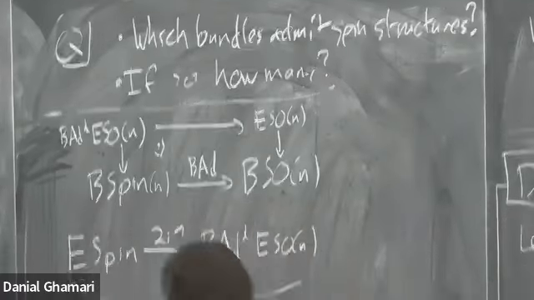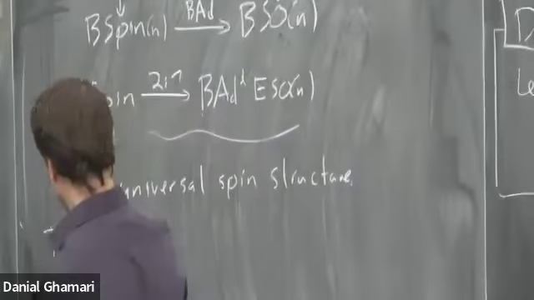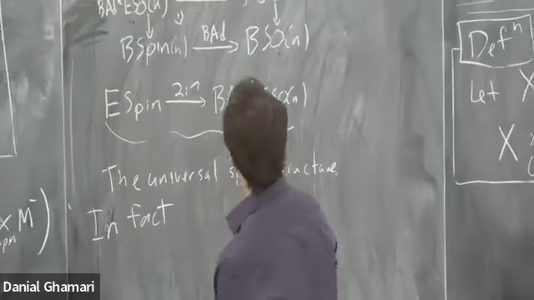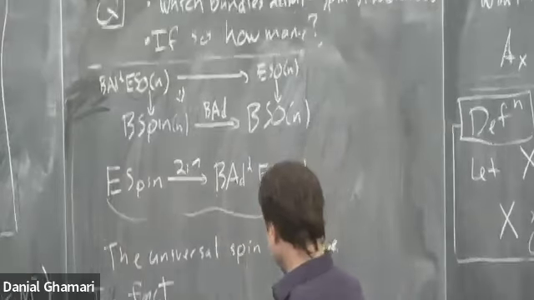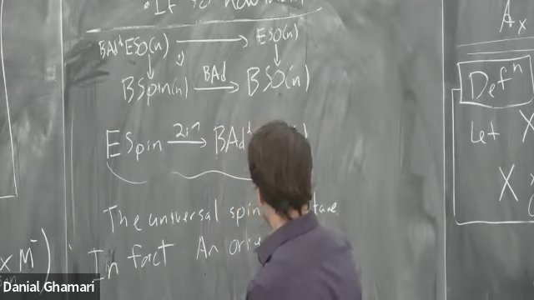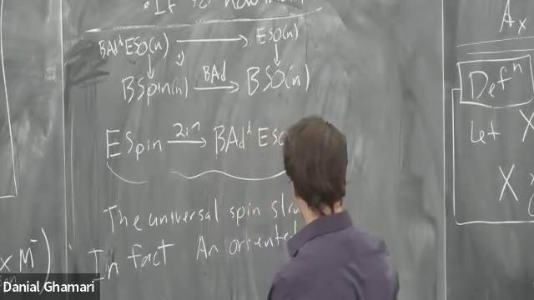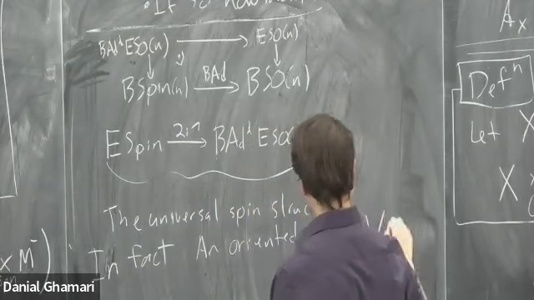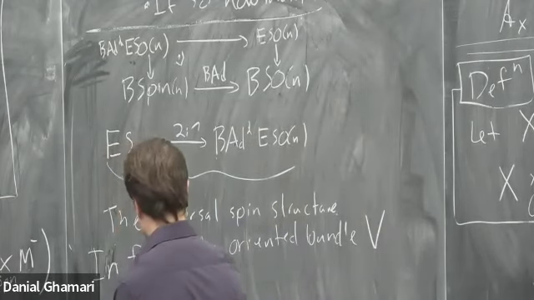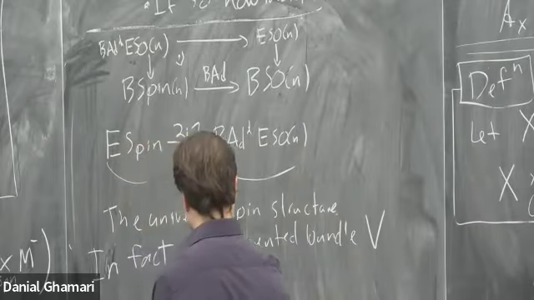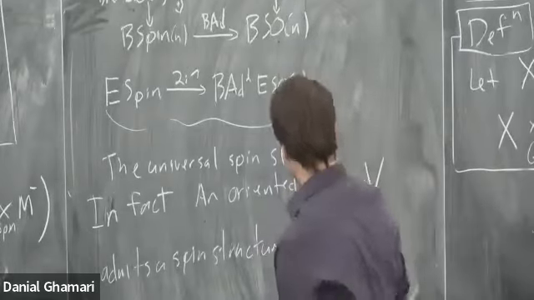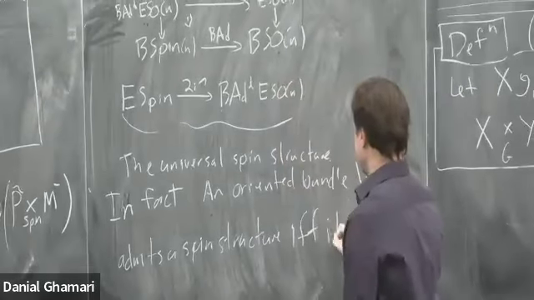And in fact, if you go and do it, you'll find that an oriented bundle admits a spin structure if and only if its classifying map lifts.